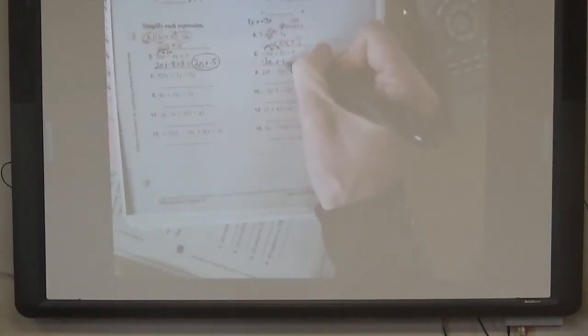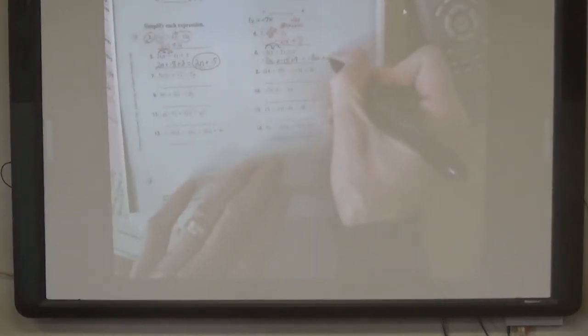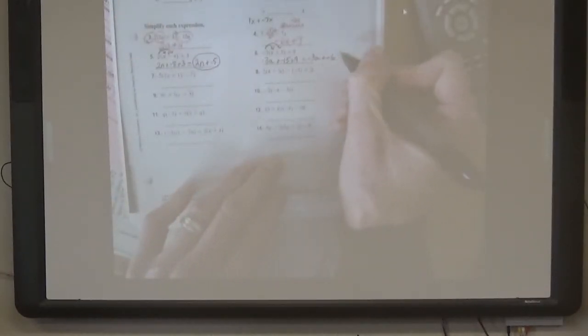Number 6. Multiply negative 3a plus negative 15 plus 9, and that equals negative 3a plus negative 6.